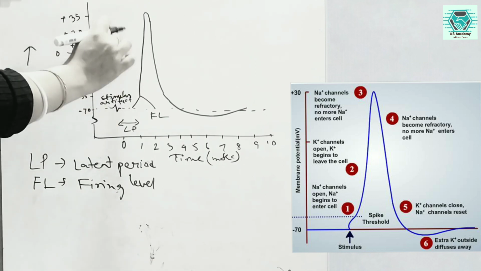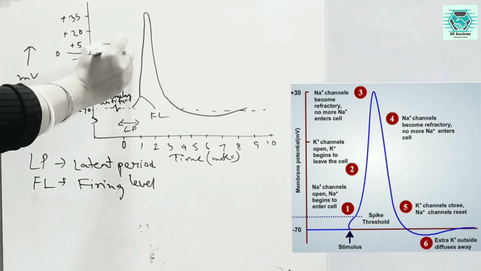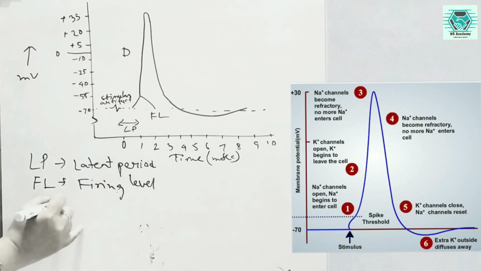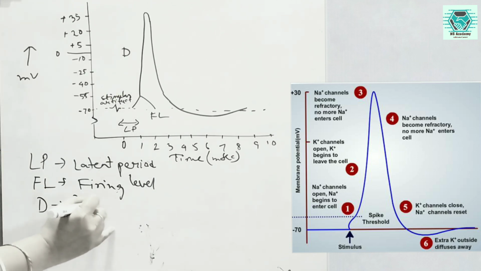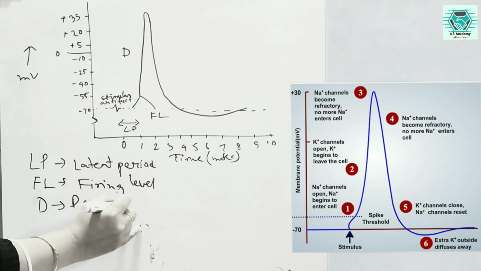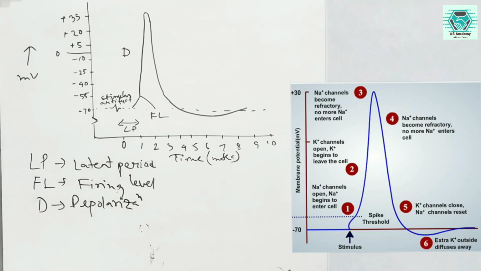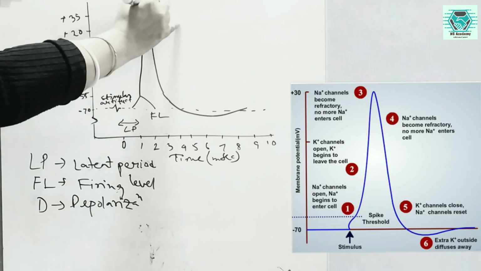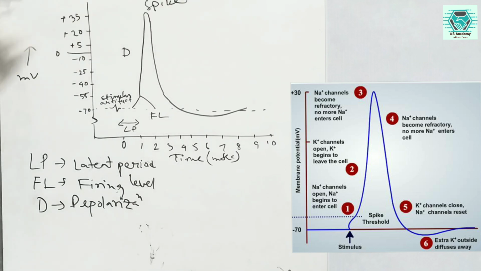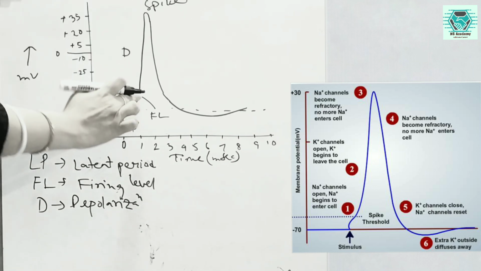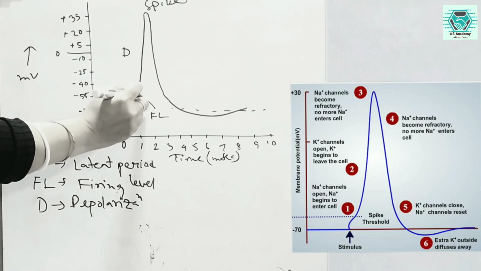So this is the depolarization. And this one is the spike potential at plus 35. It overshoots and we get a spike potential.